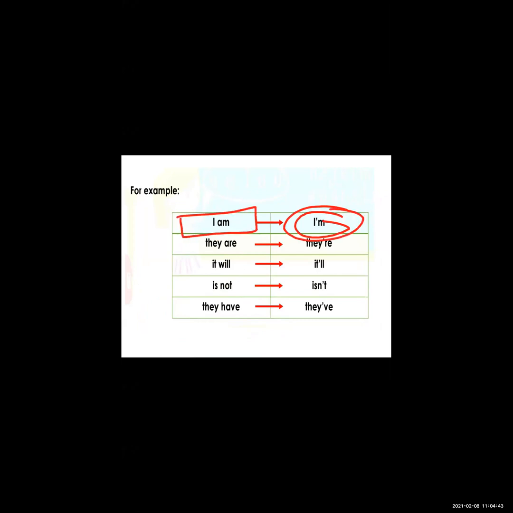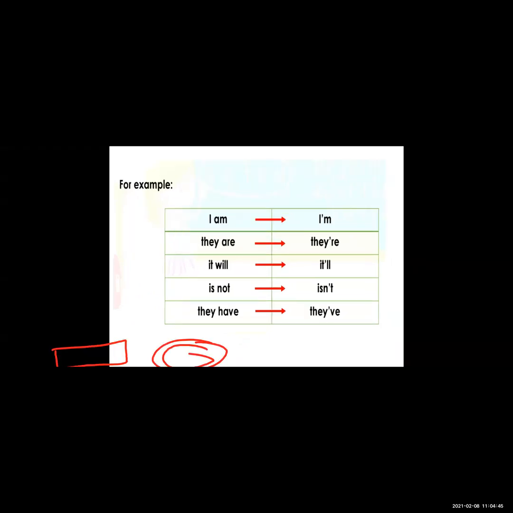Now the second one, they are. See here, you have to concentrate on where we are going to add the apostrophe.